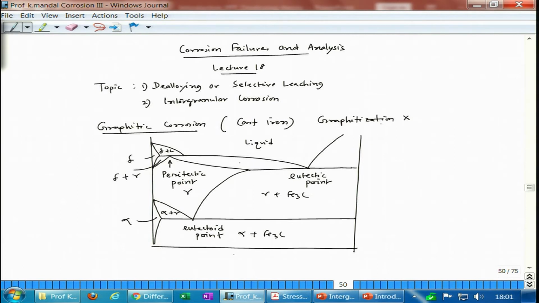And this is weight percent of carbon, fine, and this is temperature. You can go to some of the usual physical metallurgy books, you will get this diagram. Now, up to this point, this is around 2% and this is 4.3% carbon.